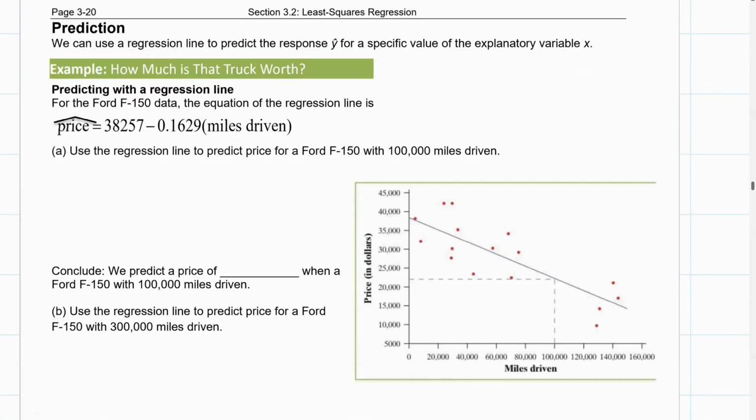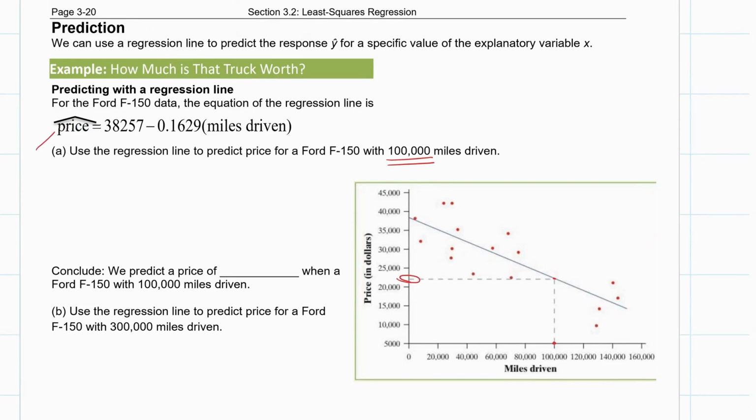So let's do some predictions. Let's say we'd like to use this model, this regression equation that's given to us, to predict the price of an F-150 truck with 100,000 miles on it. So we could start at 100,000 miles, go up to the curve and over, and we land about there.